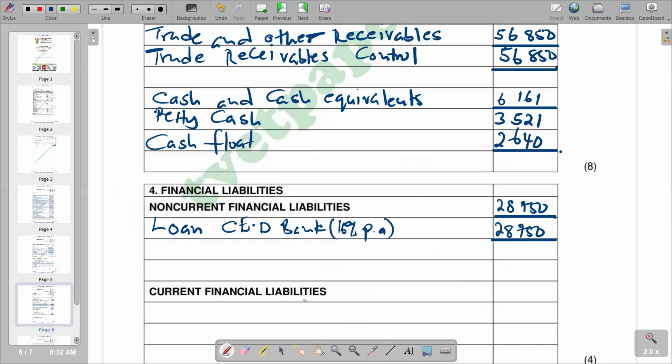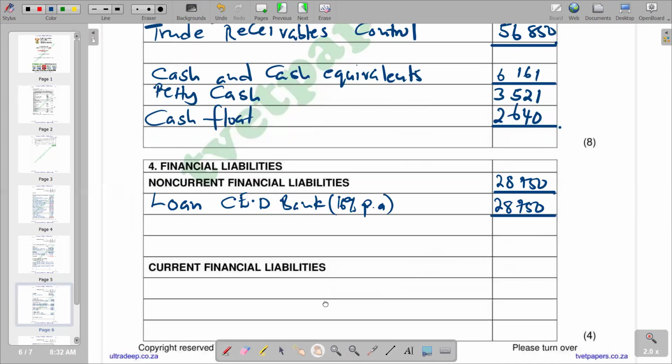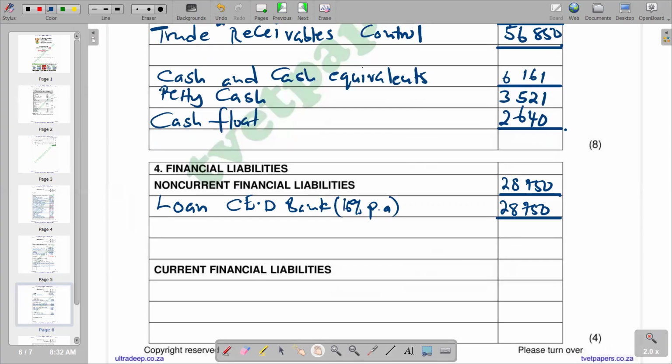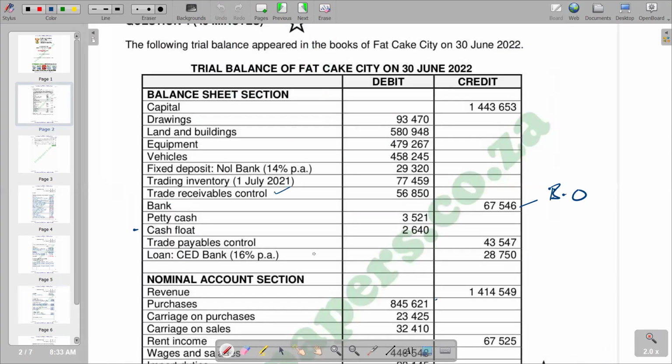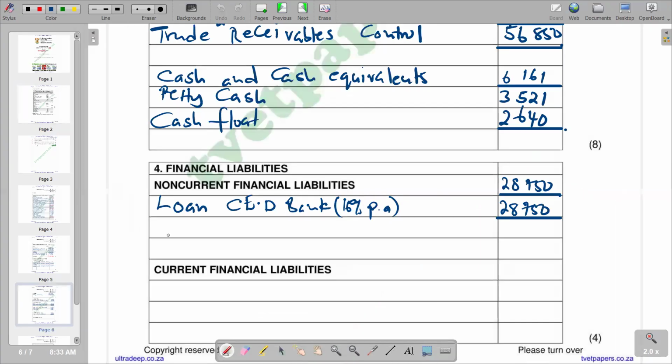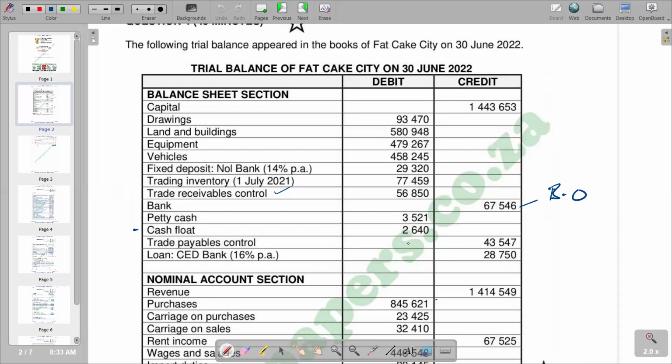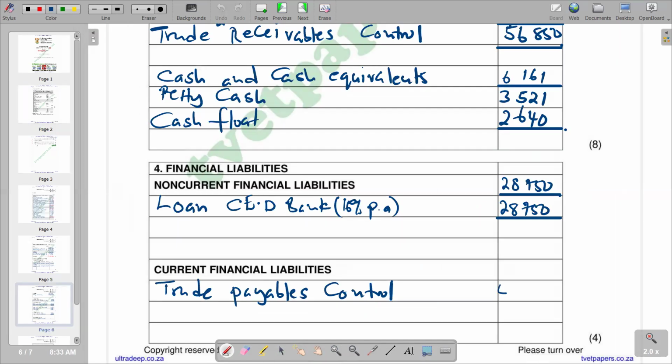Then we go to current financial liabilities, whereby we are going to have them listed beneath, with the fair value again to check them. We have our trade payables control, $43,547.